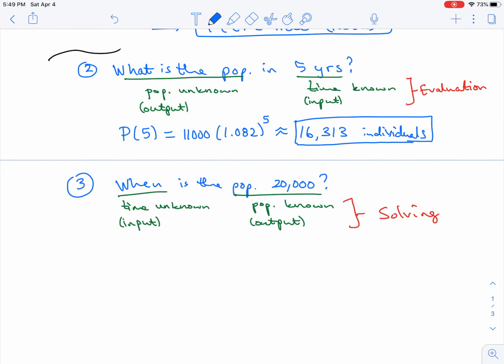So what are we going to solve? We're going to solve 20,000 is equal to our model, 11,000 times 1.082 to the t.